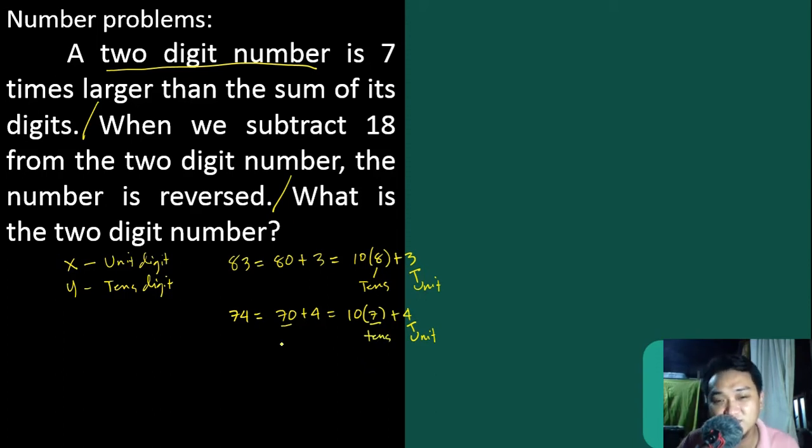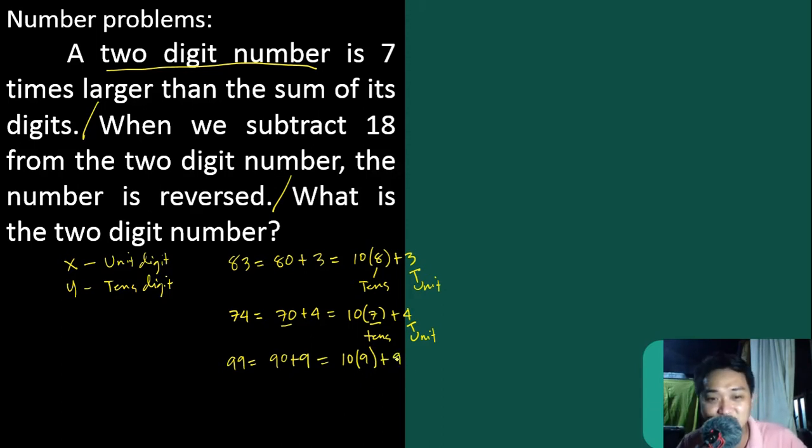Let us have some more examples. Let's say 99. 99 is the same as 90 plus 9. Ano po? And yung 90 dyan, pwede natin gawin yung 10 times 9, kasi 9 times 10 is 90, plus 9.